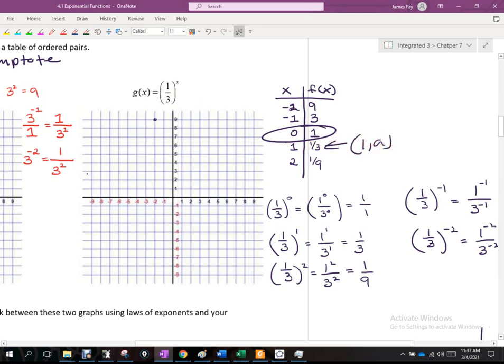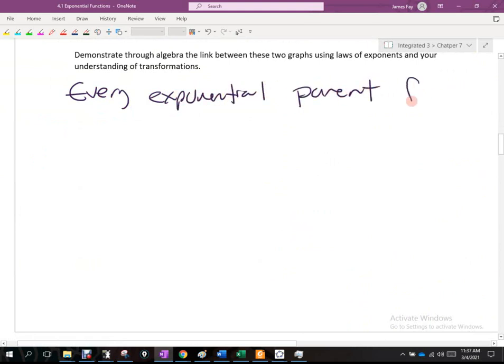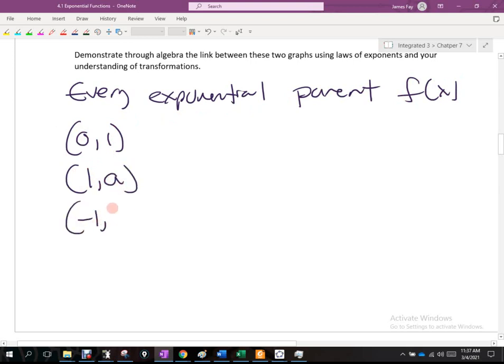So what I'm trying to demonstrate here is that every exponential parent function has these points: 0, 1, 1 comma A, -1 comma 1 over A. And that's how you're going to remember to graph these things.